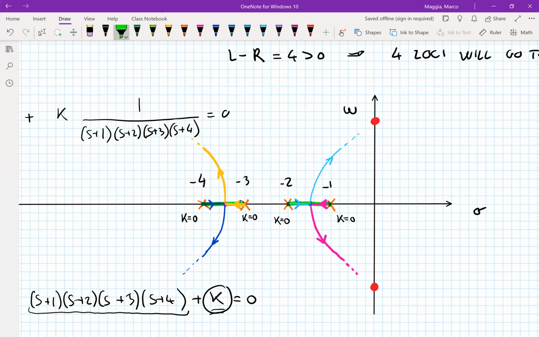As we cross the imaginary line, we are changing the stability characteristics of our closed loop system, in particular switching from being stable to being unstable. And we already know that at this point k is equal to 126, because that was the key value that we found using Routh-Hurwitz.